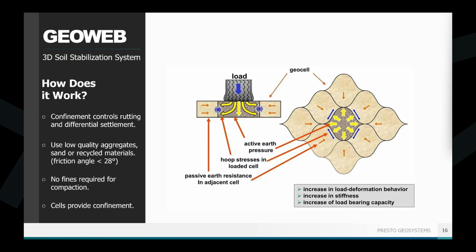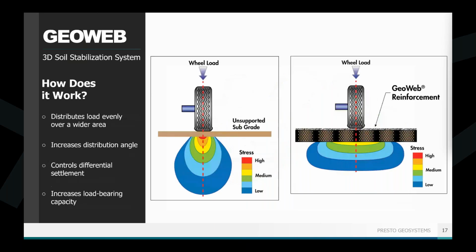So the strength of the internal seams, the panel connection method, which in our case is that ATRA key, and then the increased load bearing capacity through the mattress effect are key factors in enhancing the Geocell system's performance. So GEOWEB confinement prevents lateral shifting of the infill material, thereby eliminating rutting and controlling differential settlement.